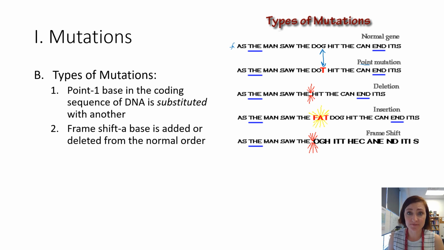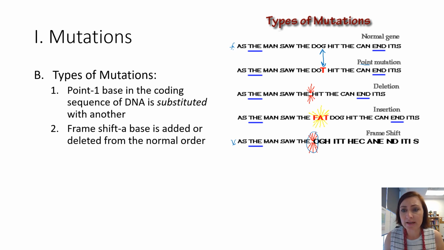A frame shift is where a base is added or deleted from the normal order. These are a little harder to pick up on. Okay, so in a frame shift in the bottom, and again, we're referencing the very top sentence as our original, we see that there was a letter omitted right where this bursting red burst is.